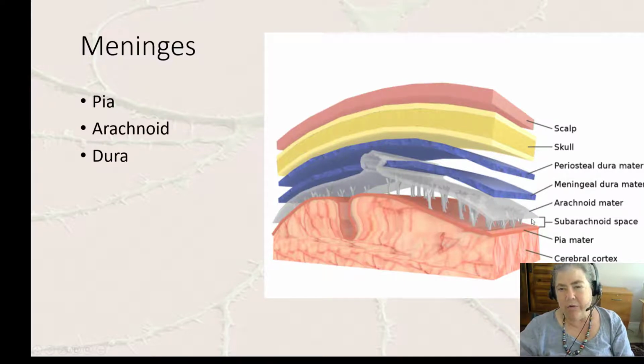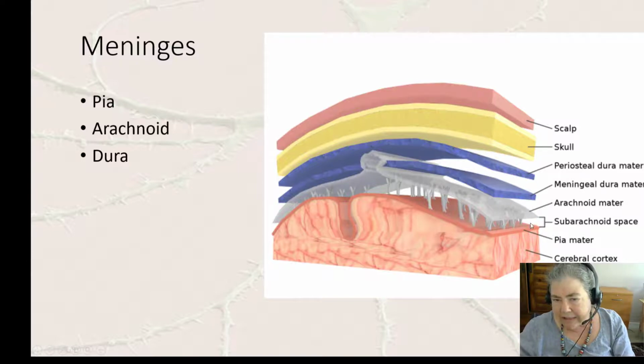The pia mater is a membrane that is firmly adherent to the gray matter of the cerebral cortex. So veins are coming out of the cerebral cortex, passing into sinuses, which aren't shown here, in this subarachnoid space, which is labeled.